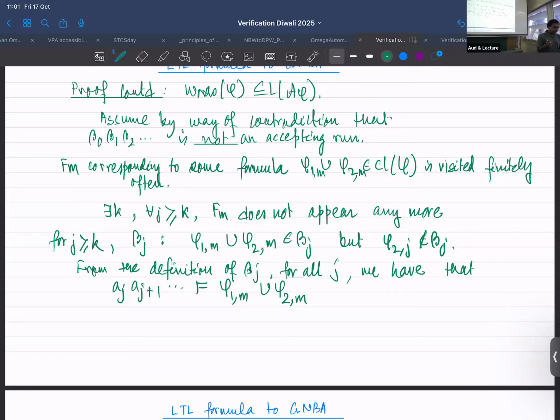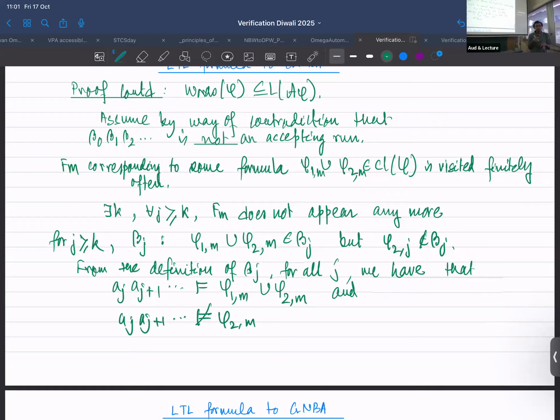But it happens that in none of the states beta j is phi 2 appearing. So a j plus 1 and so on don't satisfy phi 2.